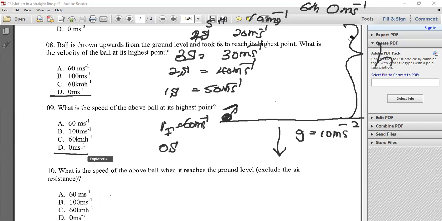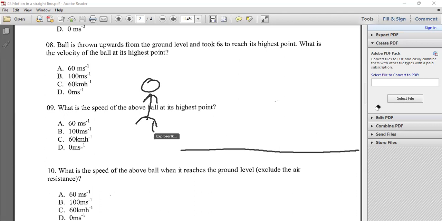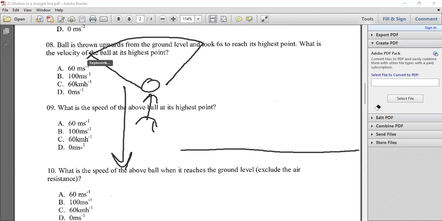What is the speed of the above ball when it reaches the ground level? Exclude the air resistance. That means, how can you understand, if anything is falling onto the ground from the sky, right? The velocity of the object would be reduced by the air resistance. As you all know, if a person falls down freely from the air towards the ground, the velocity of the person when he is falling to the ground could be reduced by having a parachute, because the air will be resisting the downward motion of the man.